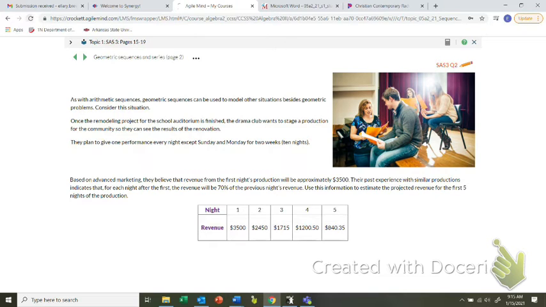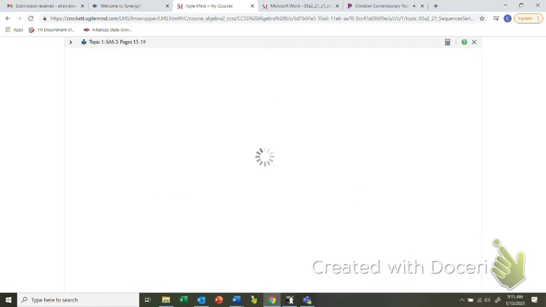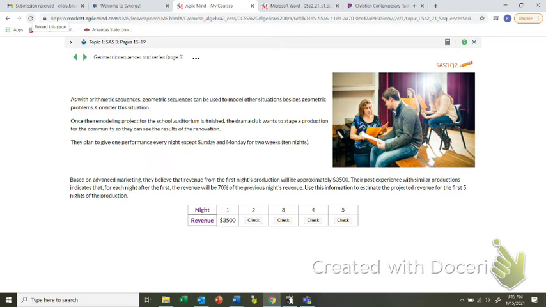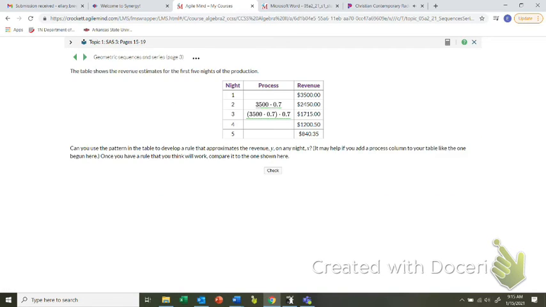Okay, so on that next screen, it's just showing you what it's doing. Okay?